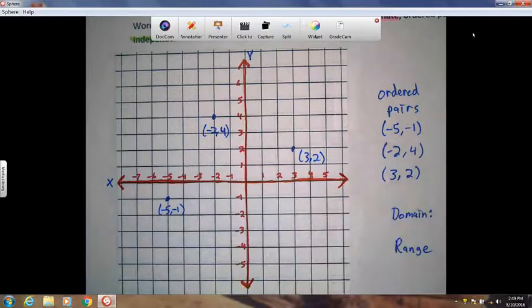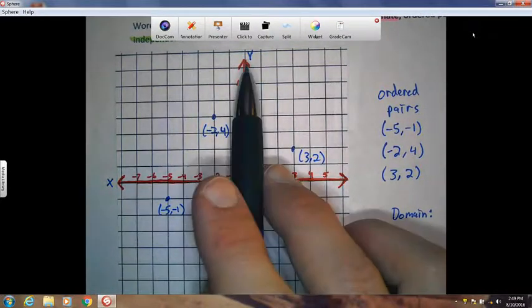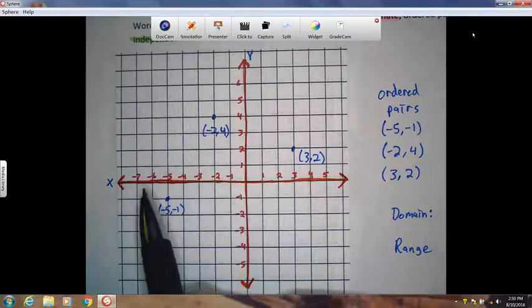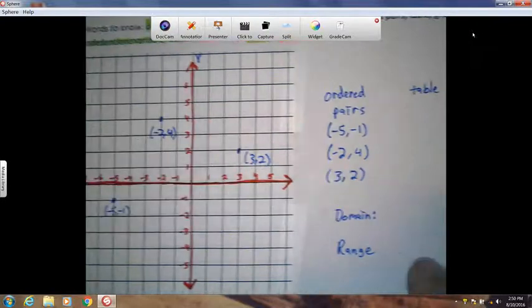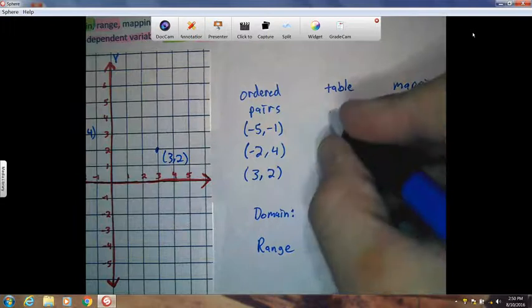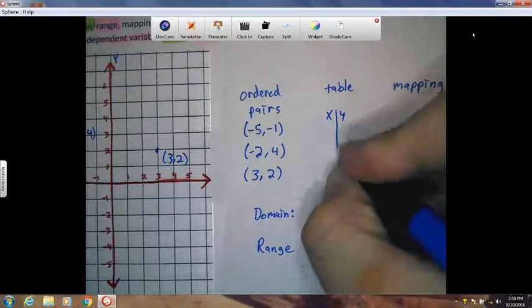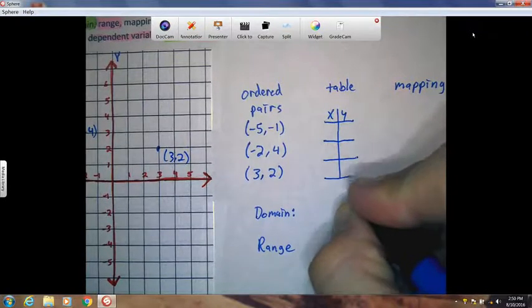Notice how I've numbered my coordinate plane. Positive X is to the right, positive Y is up, negative X is to the left, and negative Y is down. So now I have ordered pairs. I'm going to change those to a table. So a table looks like this. Of course, X is going to be on the left and Y is going to be on the right.